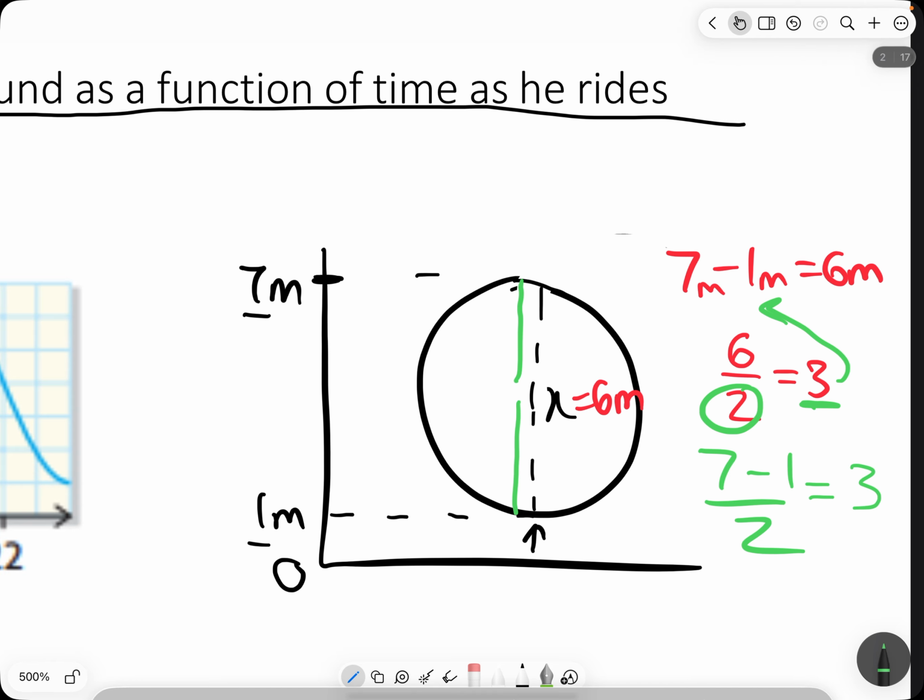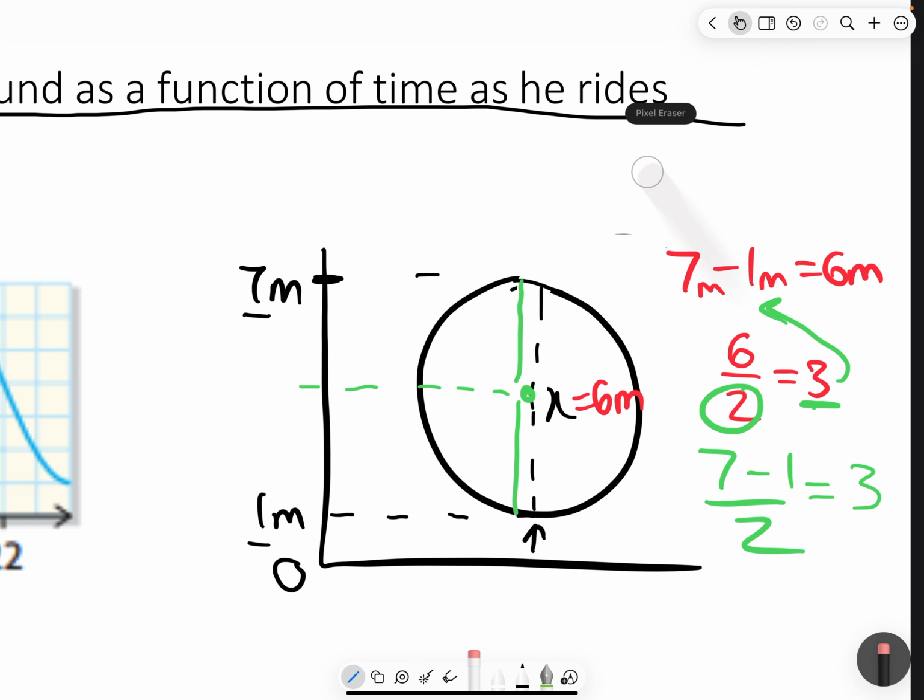Now if we want to find what the midpoint of the circle actually is, or where it lays above the ground, right, we could do 7 plus 1 divided by 2.